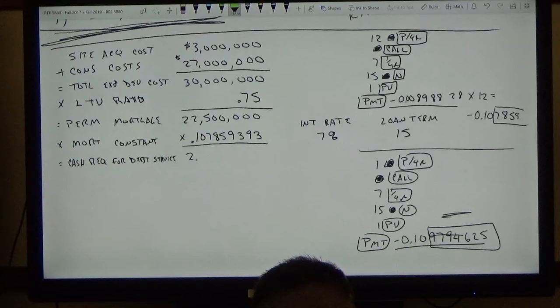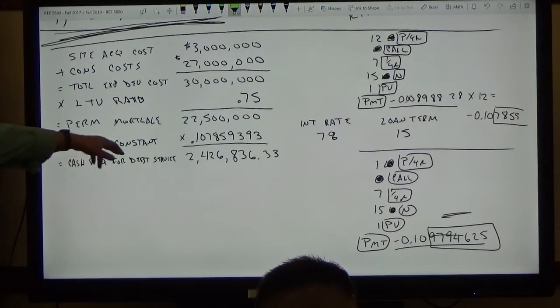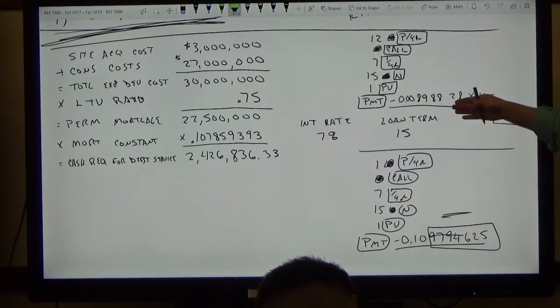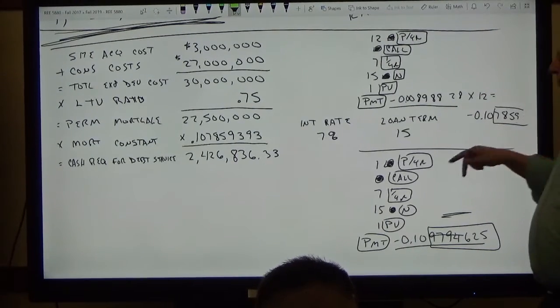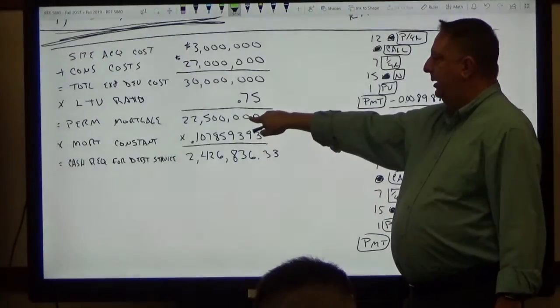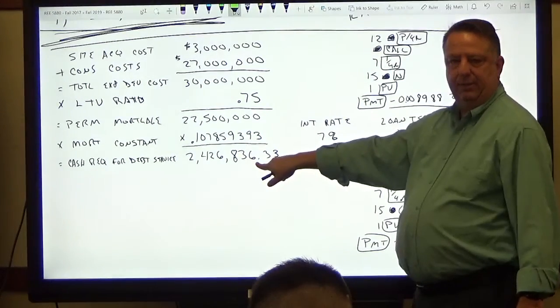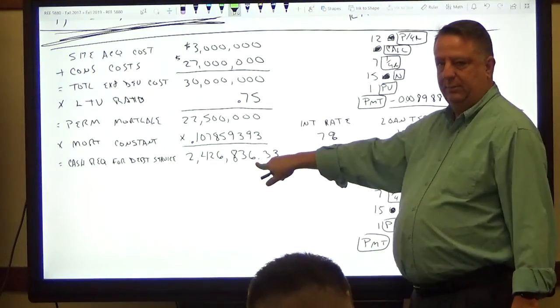I'm getting $2,426,836.33. If you're getting a number that's slightly different, it's simply because maybe you rounded. All I did was re-enter this information up here, multiply it by 12, and then multiply that number directly by the 22,500,000, and that's what I end up with. Okay, make sense? Yes.